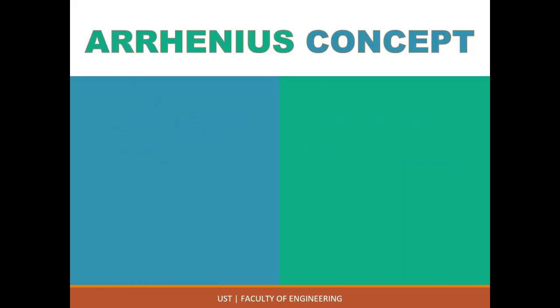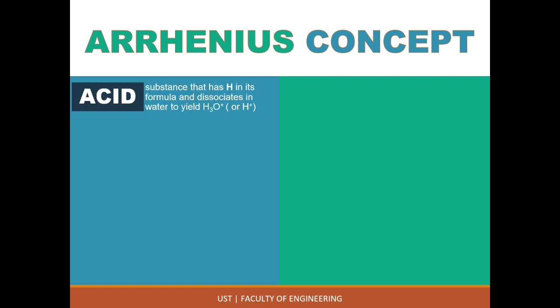On a molecular level, the rigid definitions of acids and bases could be explained using models. Initially, acids and bases could be defined through the Arrhenius concept. According to this theory, an acid is a substance that has hydrogen in its formula and dissociates in water to yield H3O+ or hydronium ion, which is also equivalent to H+ or hydrogen ion.